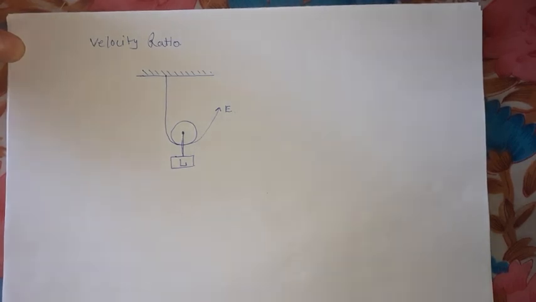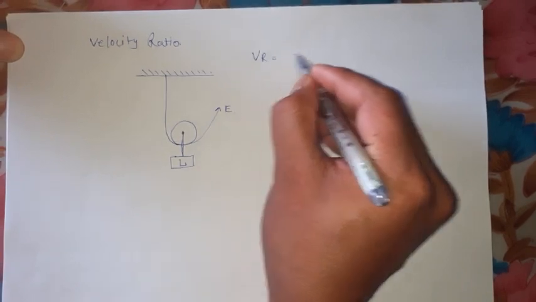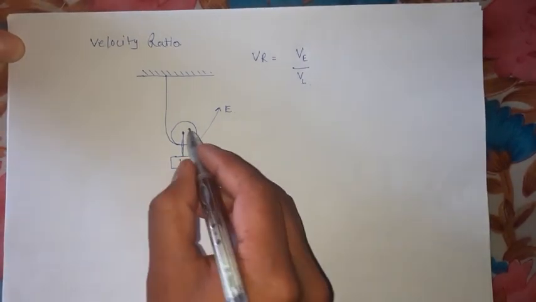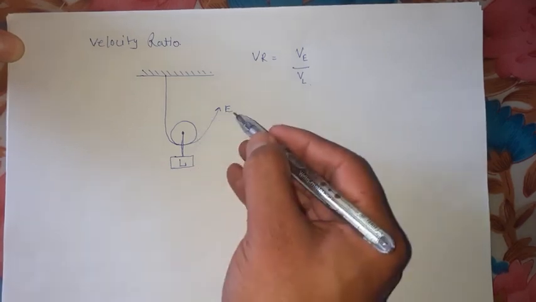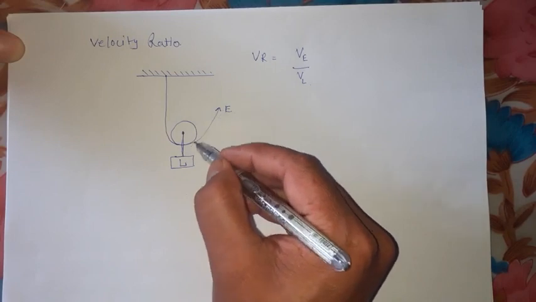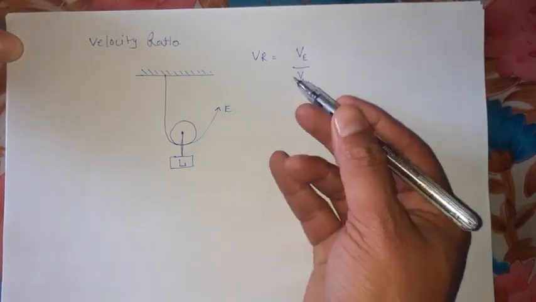Okay, now student, you will check over here for velocity ratio. What is that? Velocity of effort to velocity of load. Okay, so we are taking over here that in the same time as this load moves up, this effort will also move upward.